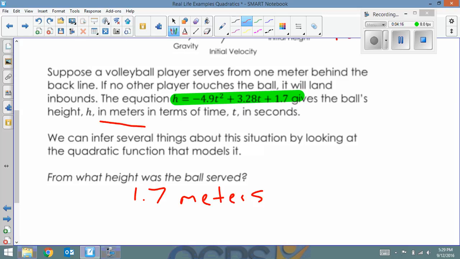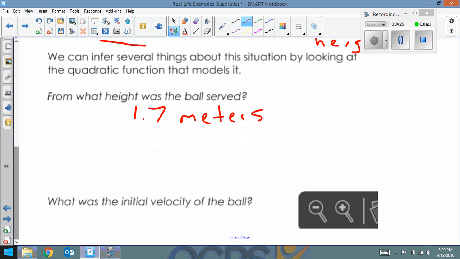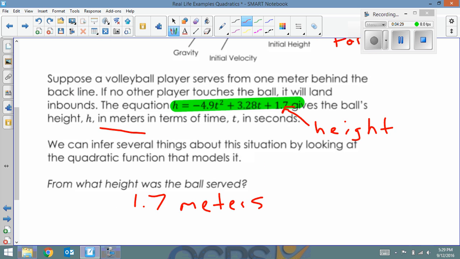Remember this c value here, this is going to be your height. What was the initial velocity of the ball? Remember, the initial velocity is the b value. So the b value, which is here, is going to be velocity.